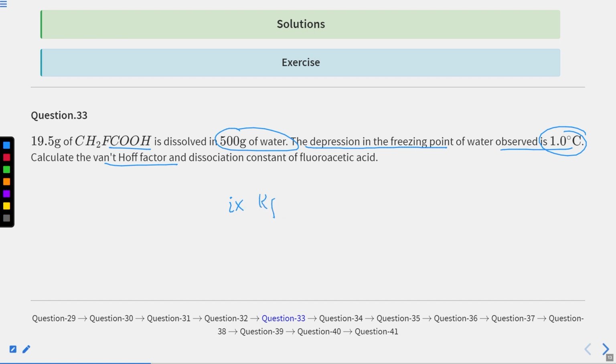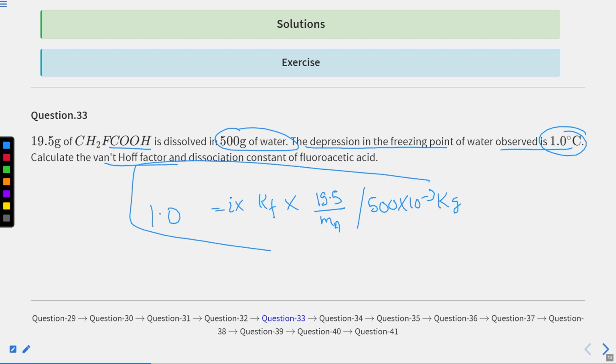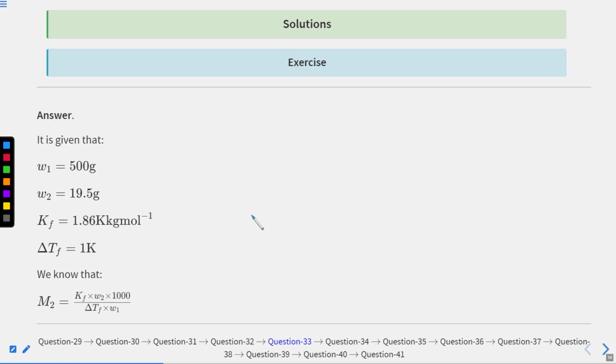We will put that value of Kf. We can calculate m from here: 19.5 by molar mass of this compound, suppose it is A, divided by 500 into 10 to the power minus 3, which is the mass of water in kg, and this value is given as 1.0 degree Celsius. We will put all these values.